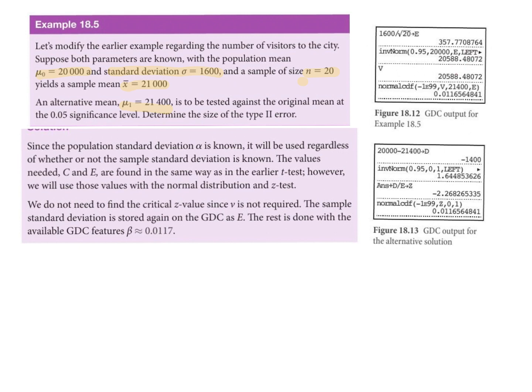For this part, we find the distribution centered at 20,000, and the critical value at the 0.05 significance level should be 20598.48072. The actual mean value is similar to the previous case, which is also 21400.